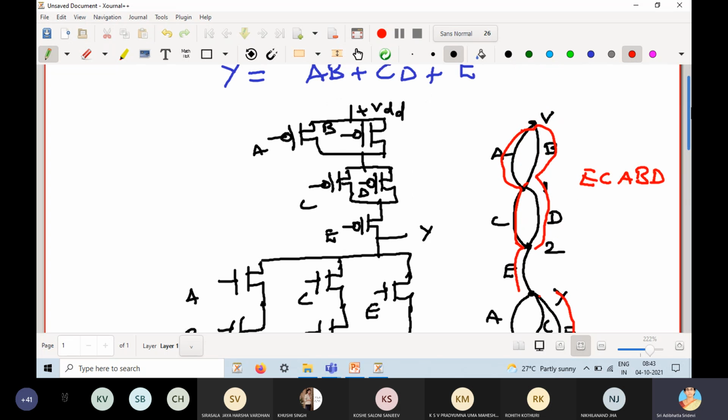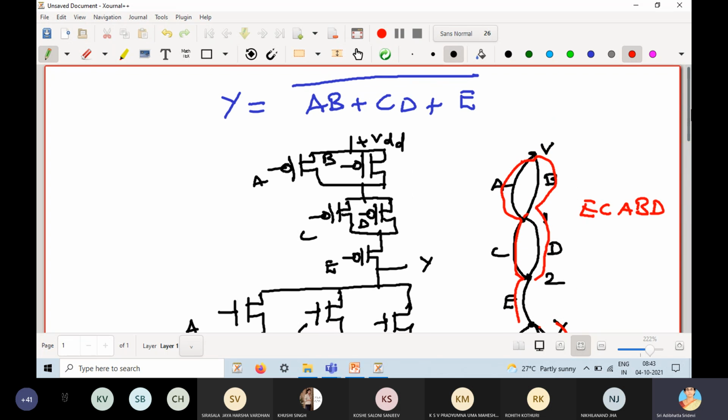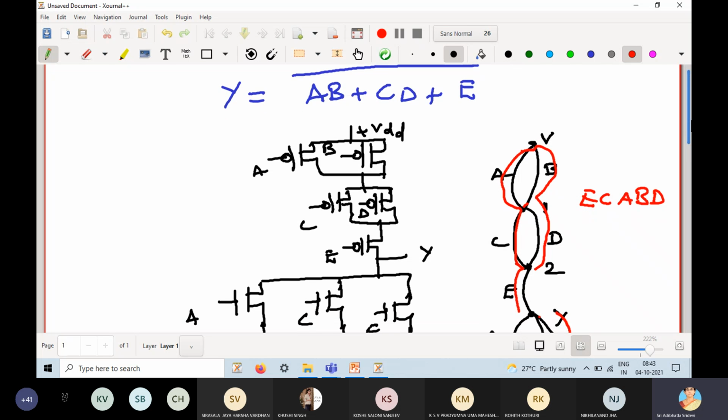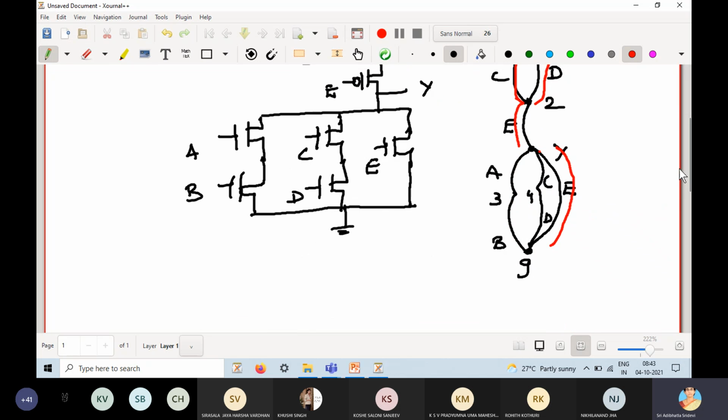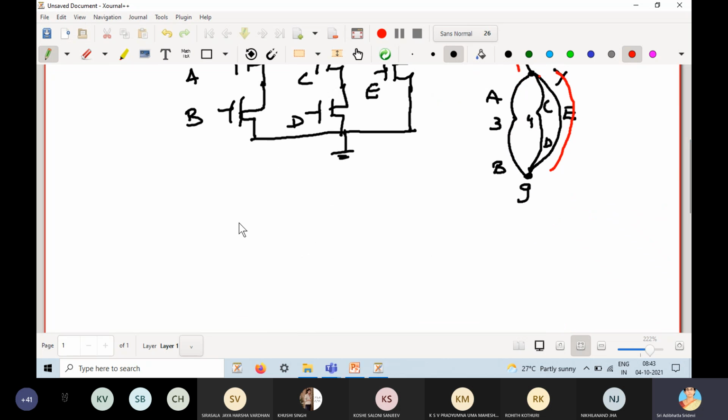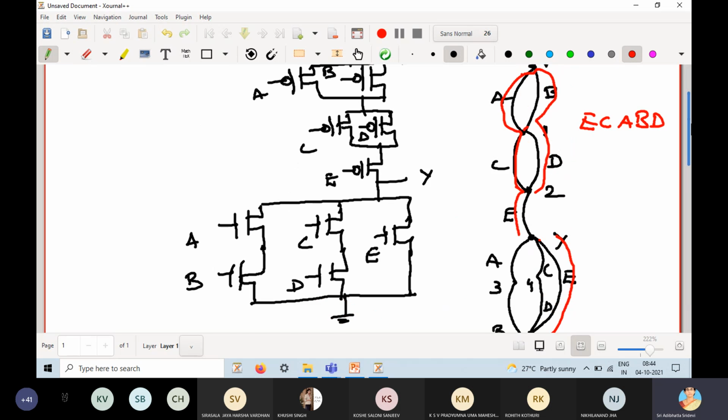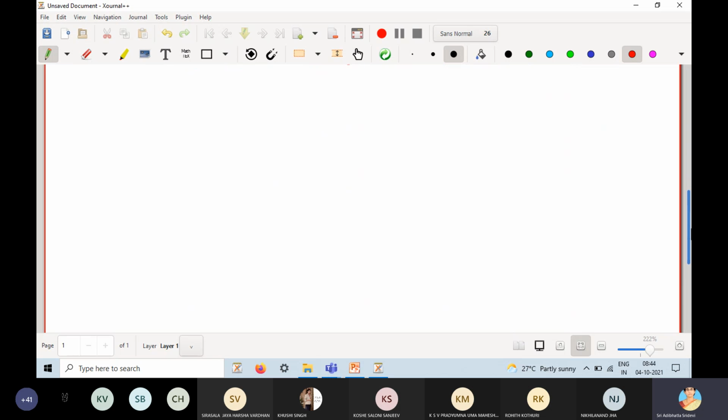So what we have to do is we have to reshuffle the circuit. We have to redraw the circuit. Okay. So from this circuit, we cannot find Euler path. So I will just redraw the circuit. Same circuit, just I will redraw. How do I draw it?